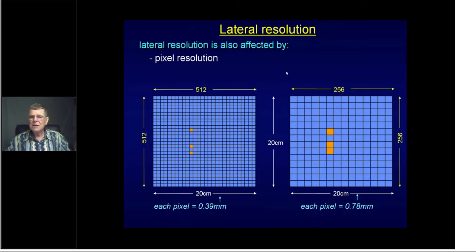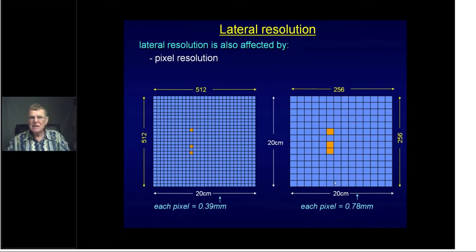However, I will say that from definite personal experience, it's unlikely to affect it, because lateral resolution is always a lot worse than axial resolution. And even with the 256 by 256 image memory, it's unlikely you will ever get lateral resolution down to that level.